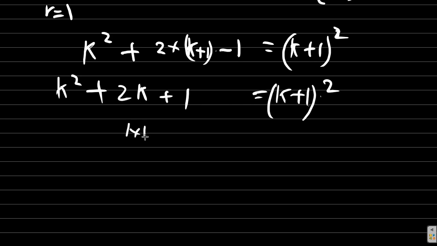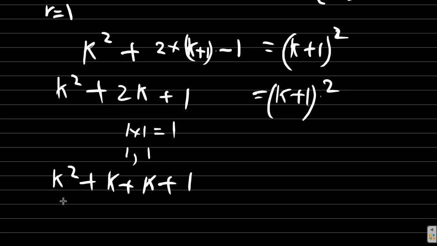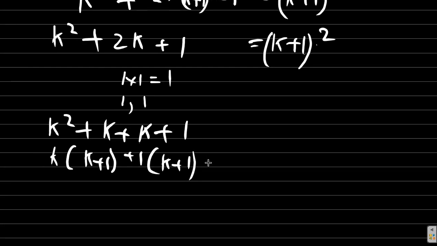So 1 times 1 is equal to 1. You find two numbers that multiply to give you 1 and add to give you 2. That's 1 and 1. So you say k squared plus 1k plus 1k plus 1. You separate the 2k into 1k plus 1k. Group and factorize, you have k outside the bracket, k plus 1 inside the bracket, plus 1 times k plus 1. Alright? That's equal to k plus 1 squared.